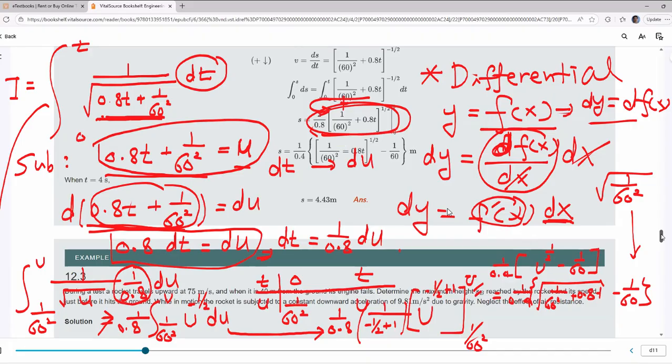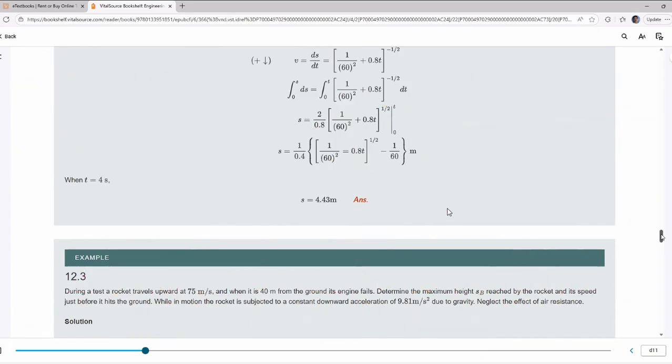But the detailed procedure is this. Using substitution, we could get this one. This is the reason why you need me. Of course, you can study by yourself by reading the textbook, but in many cases, even in physics, textbook authors skip some detailed mathematical procedures.